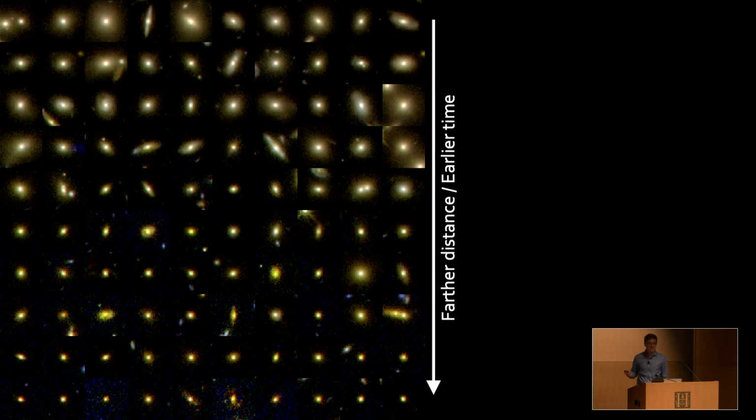And I've put everything on the same scale here, so things don't look small simply because they're farther away. And this was really a big surprise, because some of the galaxies at the bottom here are so massive and yet so small that they don't really resemble any galaxies that are around in the universe anymore. It's almost like images of an extinct species.